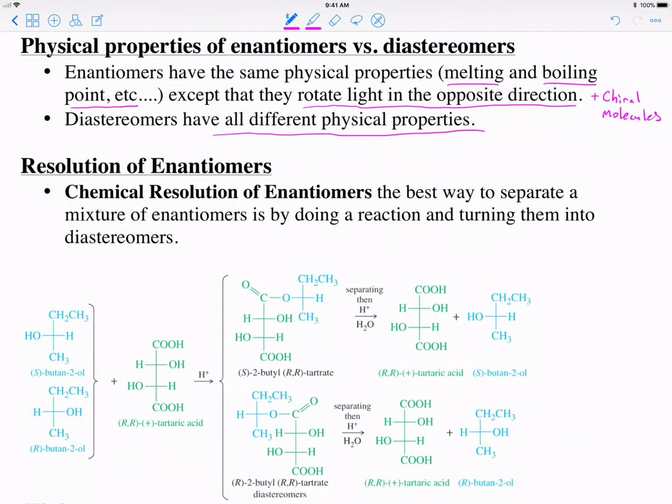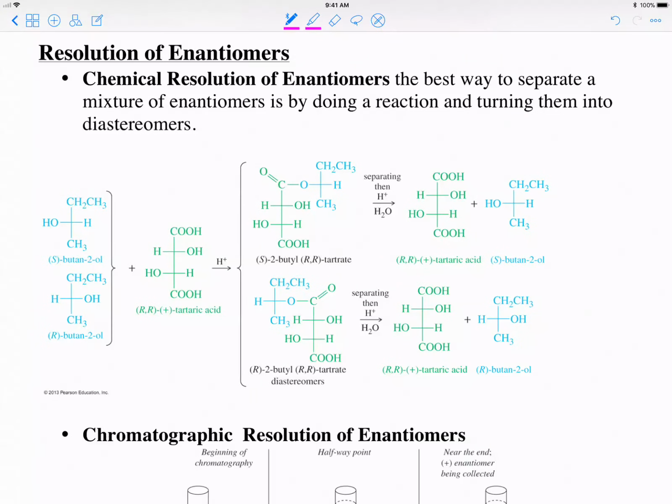Okay? Well, let's go ahead and get into how to resolve enantiomers. So, diastereomers have different physical properties, and I can separate them out because of those physical properties. But how can I separate out enantiomers? If I'm in a pharmaceutical company and I've just made a drug, and one of the enantiomers is a great medicinal drug and the other one's poisonous, how can I separate them out so that I can give just the one that has the beneficial properties and not have any of the poisonous compound in there?